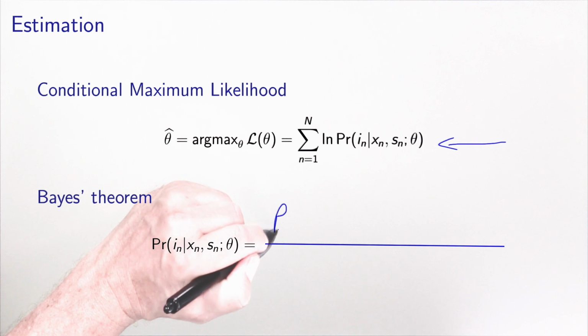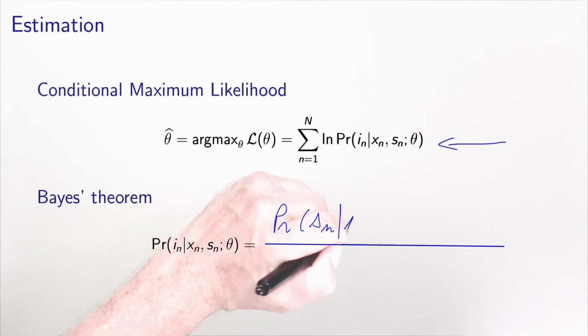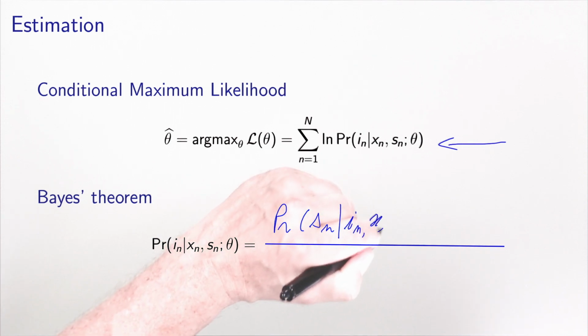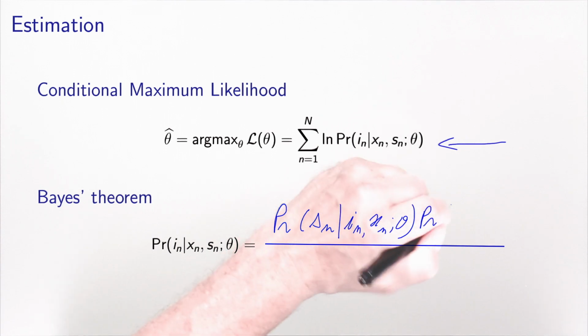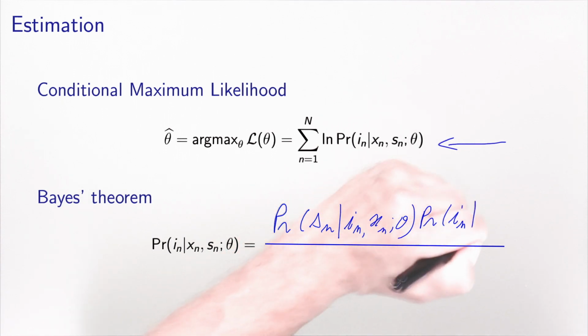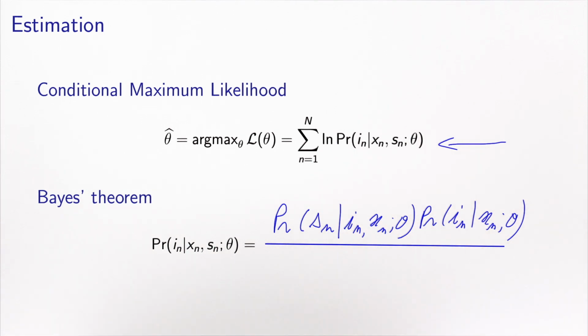So this is the probability of Sn given In, xn, theta times the probability of In given xn as a function of theta. And as we discussed in the previous video, I have to normalize this quantity to obtain a valid probability function.